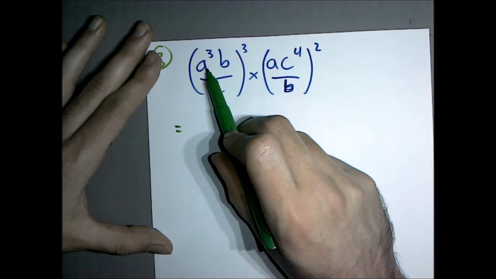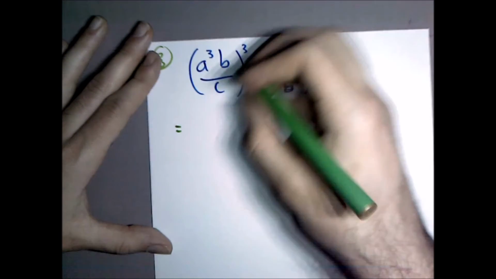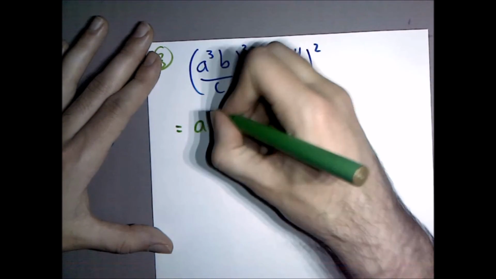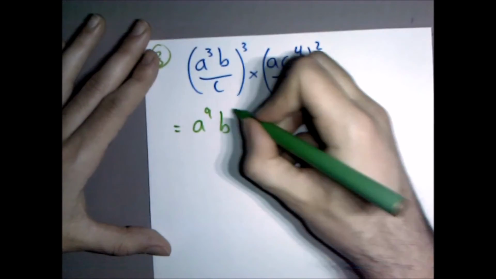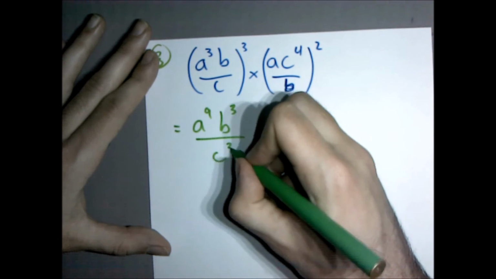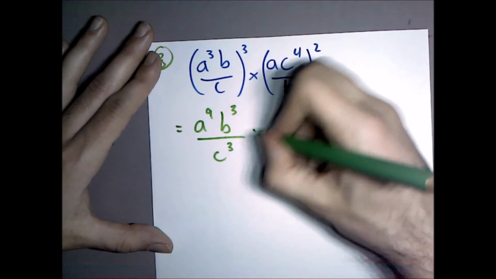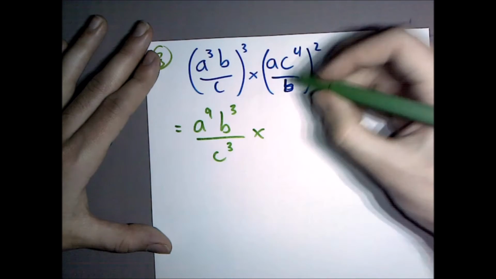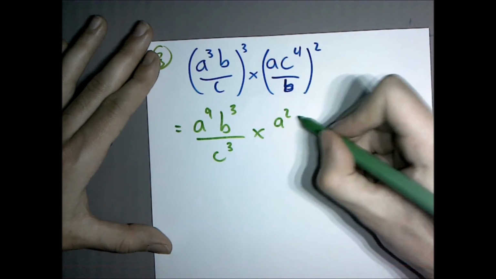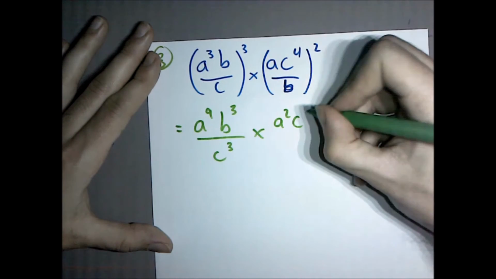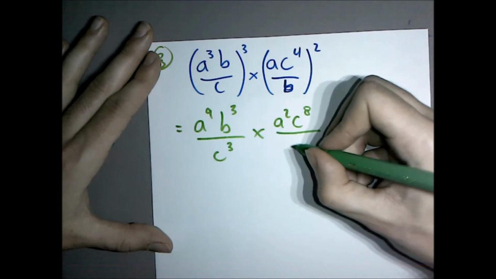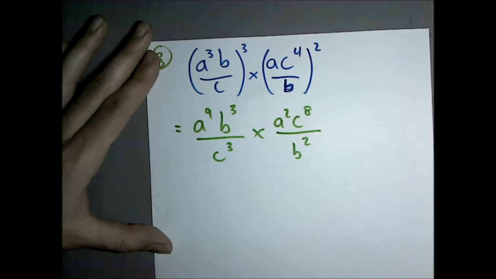So I'm going to have a to the power of 3 cubed, so that's going to be a, 3 times 3 is 9, b cubed divided by c cubed, multiplied by a squared, c to the power of 4 times 2, which is 8, divided by b squared.